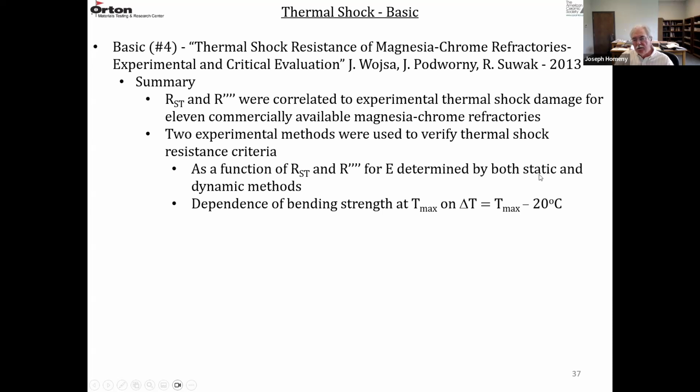And if you recall, the static is going to give you a lower E than the dynamic method because it is under a load. And dependence of bending strength on the delta T. So T max, the maximum temperature that you heated the material to, minus the quenching temperature of 20 degrees C is your delta T.